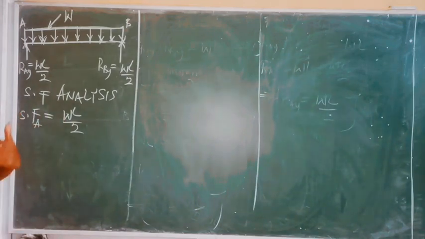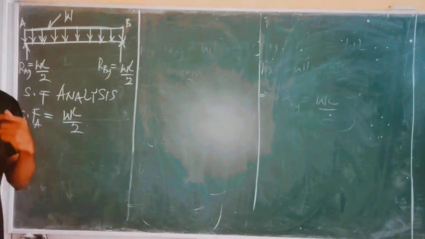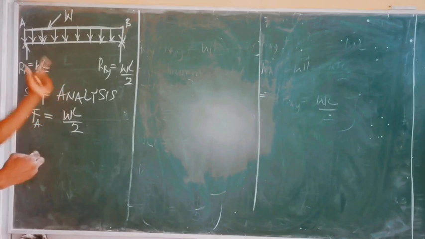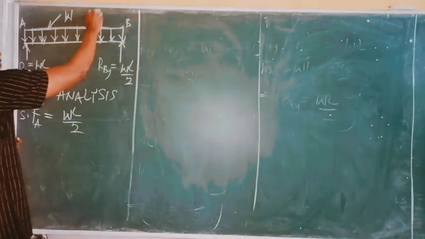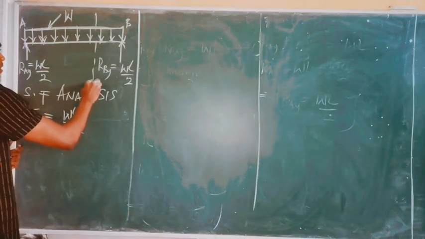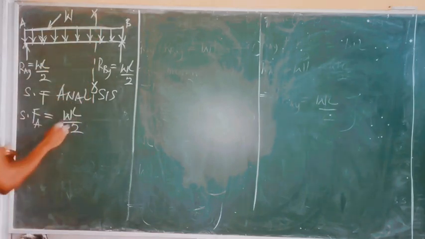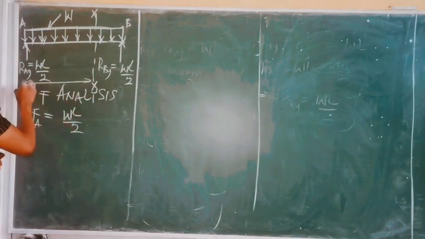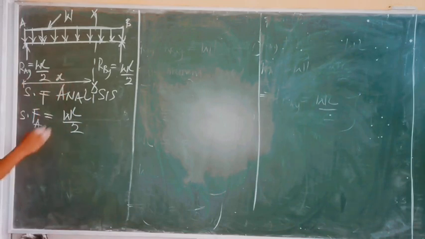So you consider a section XX at a distance of X from point A along AB. So somewhere along AB, let's say somewhere around here, you're simply taking a section XX, and you're saying let the distance from point A to the point of section be X meters.